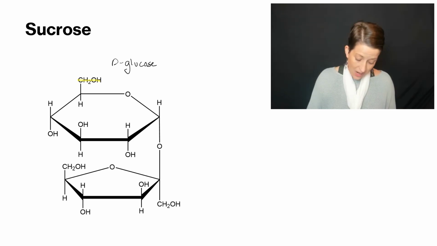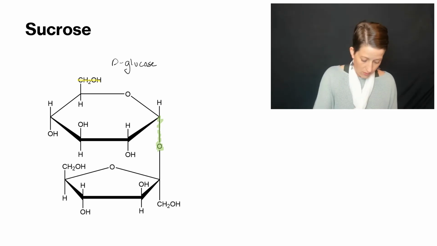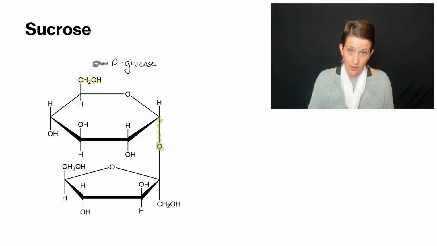Here, with our D-glucose, in order to make sucrose, we need that hydroxyl group from that glucose to be in the alpha position. Therefore, we need an alpha D-glucose.